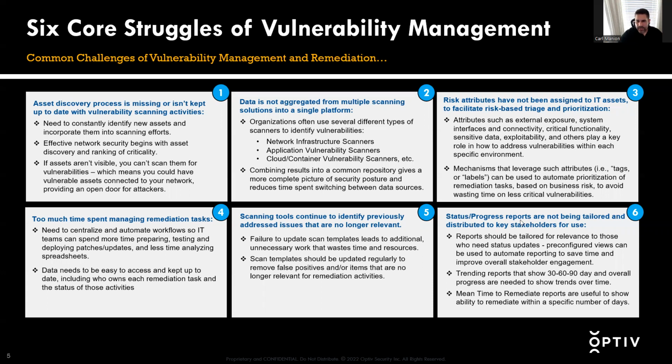And then a classic one here, the status and progress reports are just not being tailored and distributed to key stakeholders for use. So this is basically where you're trying to use the same general reports for everybody, and not all of the stakeholders involved are interested in the same information. So having custom tailored reports is much more useful.